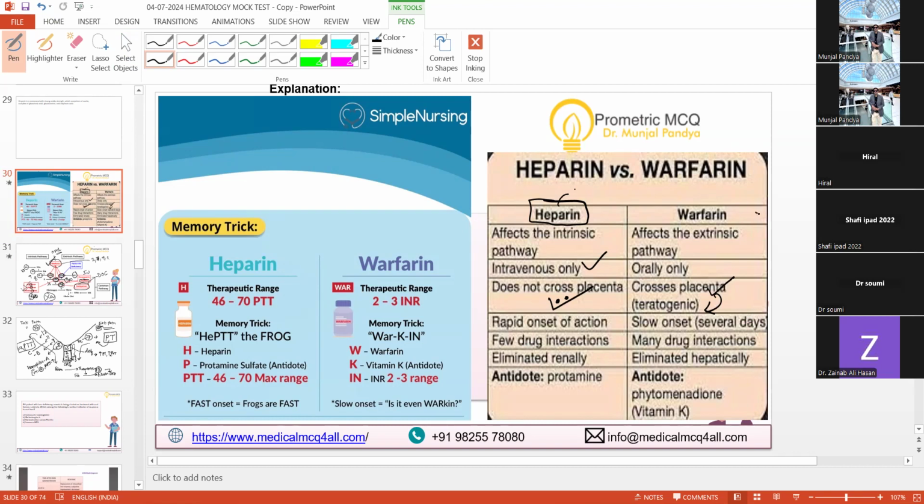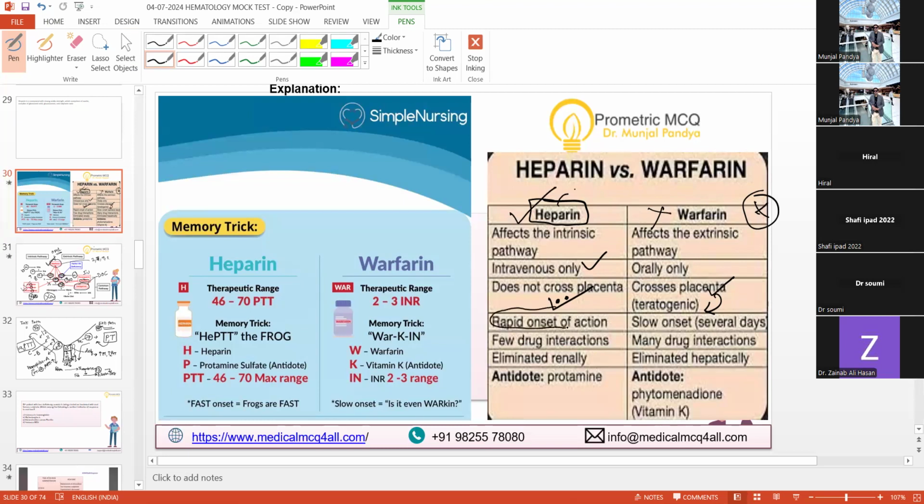So warfarin is not a good drug for a pregnant woman, especially in the first trimester, because all cardiac, limb and pulmonary development is taking place, and if it gets suppressed, the patient may have congenital malformation. So heparin is the drug of choice in pregnant and non-pregnant patients, while warfarin is not a good drug in pregnancy because of teratogenic activity.